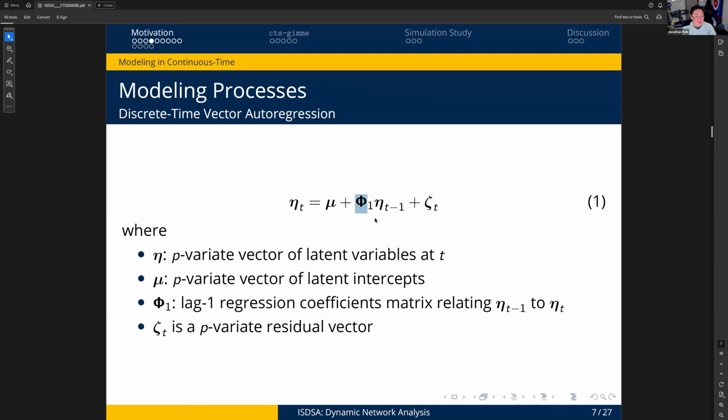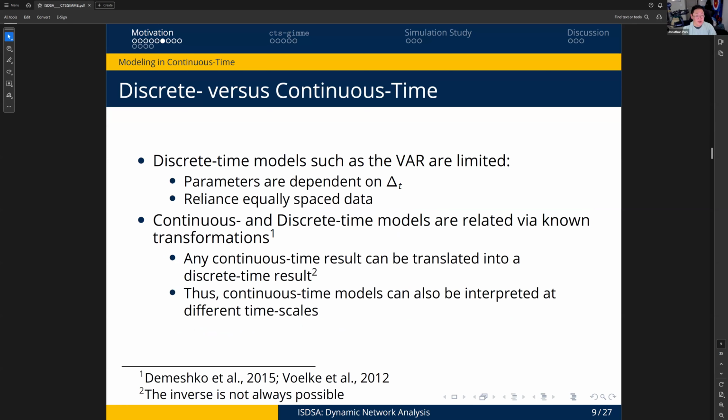And as we try to recover and estimate this phi matrix, if your eta at t minus one is actually eta at t minus 0.5 sometimes, and sometimes it's eta at t minus 2 or eta at t minus 1.7, if that keeps changing, then the estimates that you're going to get on average in phi are going to become biased. And so ideally, when you say that you're having a lag one regression between previous time points and current time points, you actually mean that, and your sampling rates are relatively consistent.